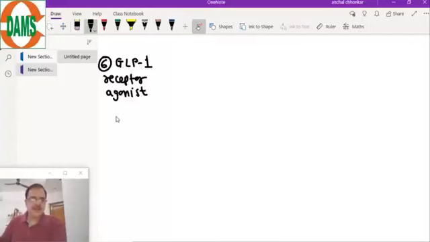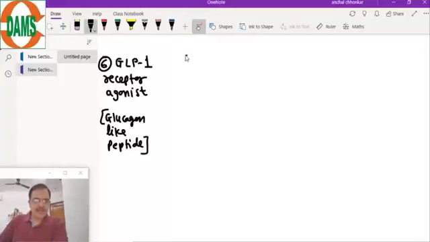So GLP-1 receptor agonist, glucagon like peptide. The mechanism of action is that GLP binds on the beta cell and stimulates the cyclic AMP pathway.